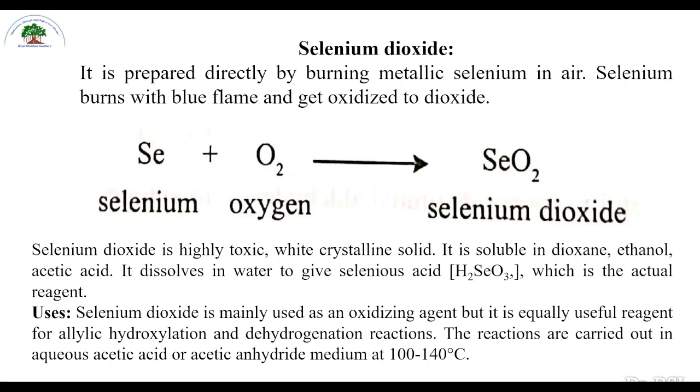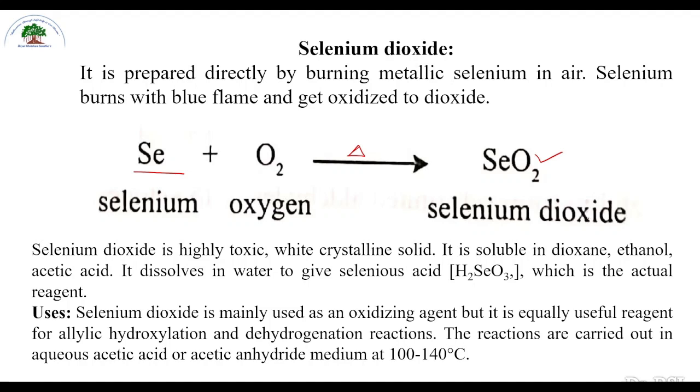So let us see the preparation of selenium dioxide. It is prepared directly by burning metallic selenium in air. This selenium burns with blue flame and gets oxidized to the dioxide. So this is metallic selenium. In presence of air, when it is burned or heat is provided, we get the oxidized product, selenium dioxide.